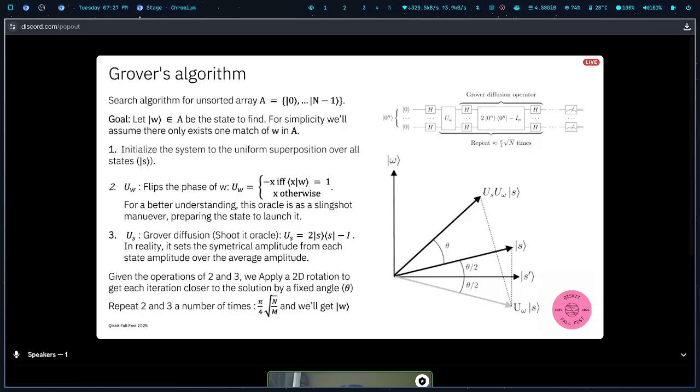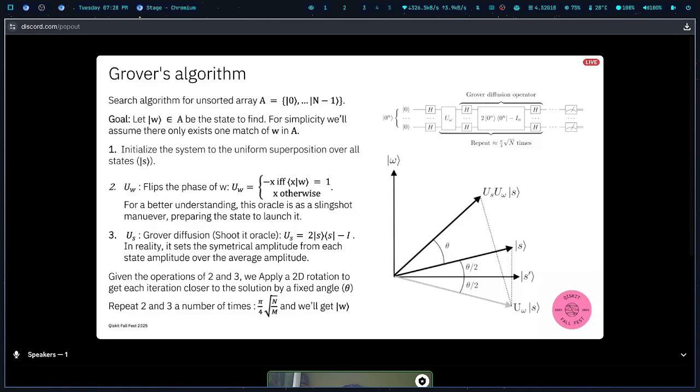Given this, we start in the uniform superposition, because we apply a bunch of Hadamard gates at the start. The idea of this slingshot maneuver is first loading the slingshot and later launching it. So how do we perform this operation?